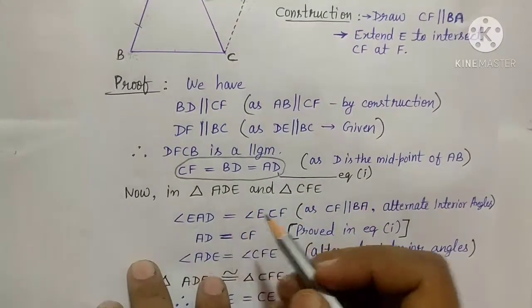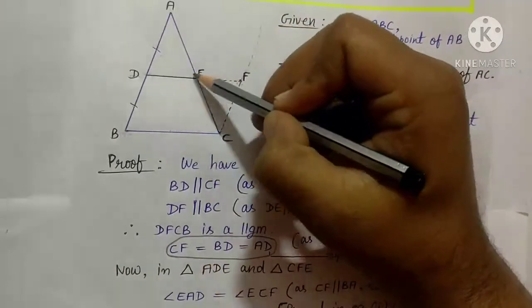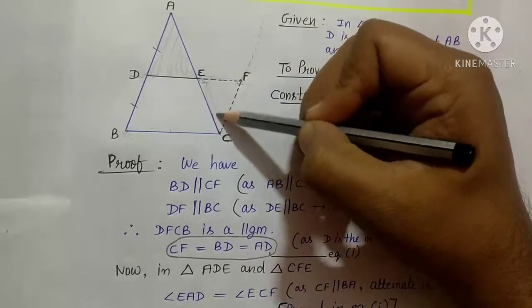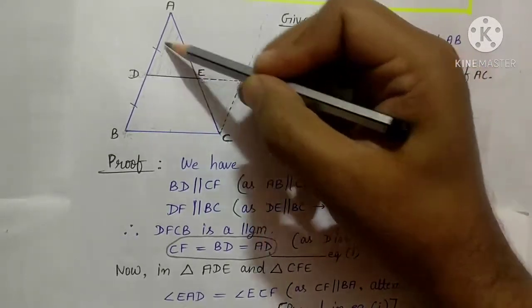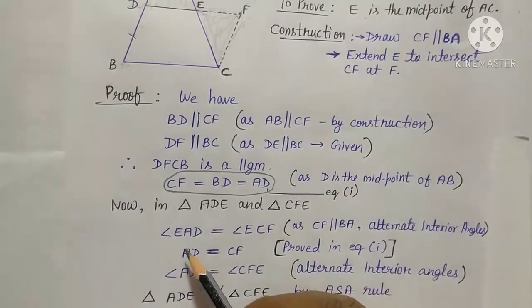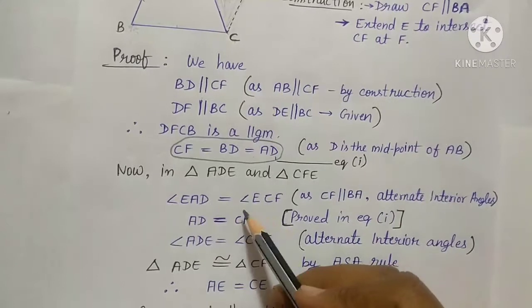Now just check triangles ADE and CFE. Pay attention on these two triangles. In triangle ADE and triangle CFE, angle EAD is equal to angle ECF.